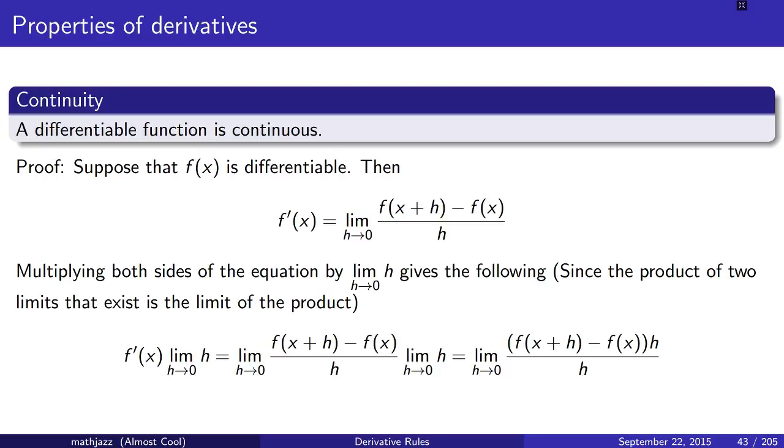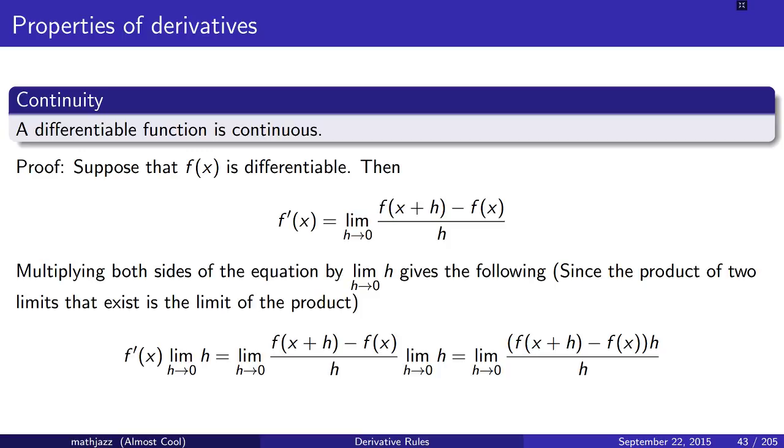We get that because the product of two limits that exist is the limit of the product. Since we have a differentiable function, the limit of the difference quotient exists, and we know that the limit of h as h goes to 0 is 0. Those two limits exist, so we can combine them, and we get the expression on the far right-hand side of this string of equalities.